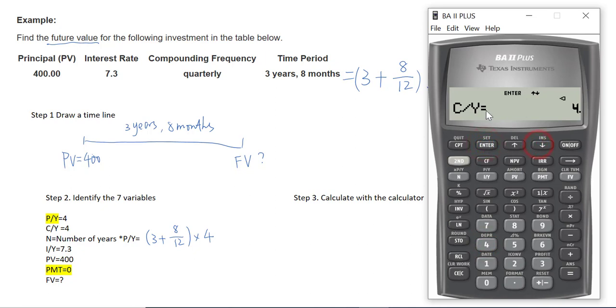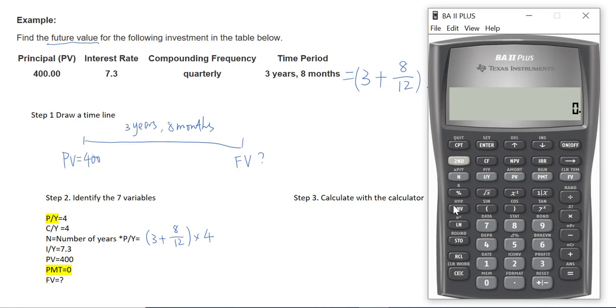Scroll down, CY is always by default, same as PY. So our CY is 4, that's good. So let's do second and quit to get out of that mode. Now next, out of N, IY, PV, PMT, and FV, if we know 4 variables out of 5, we can always compute, use the CPT button to compute the last one.